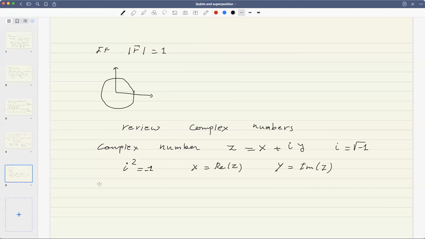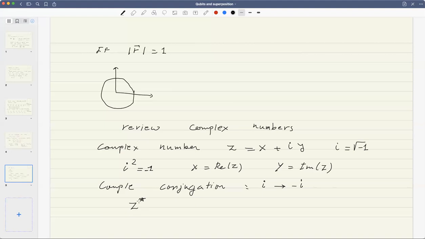There's the notion of complex conjugation, which takes i to -i, changes the sign of i. The notation for that is a star.